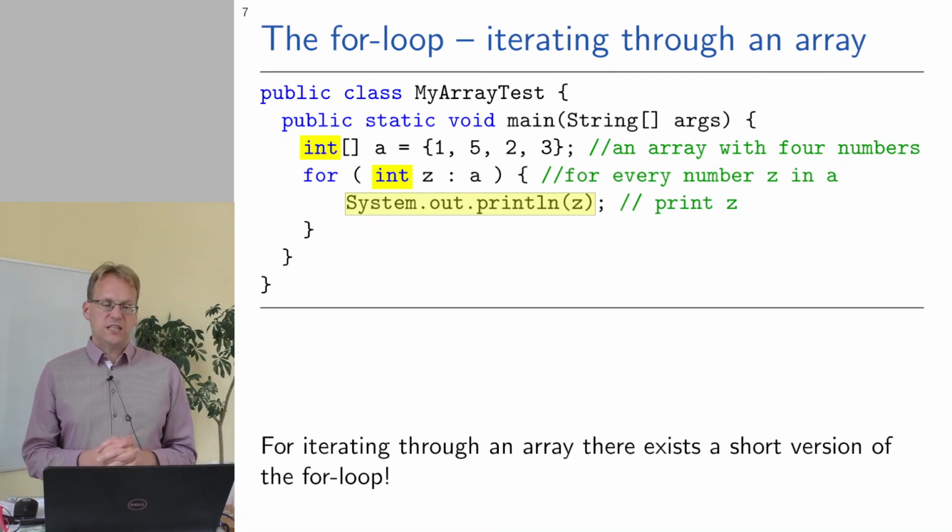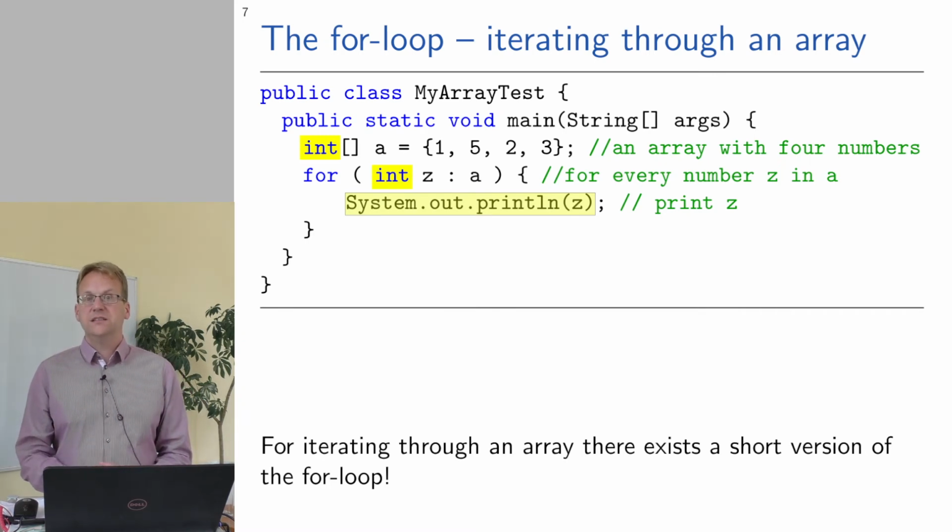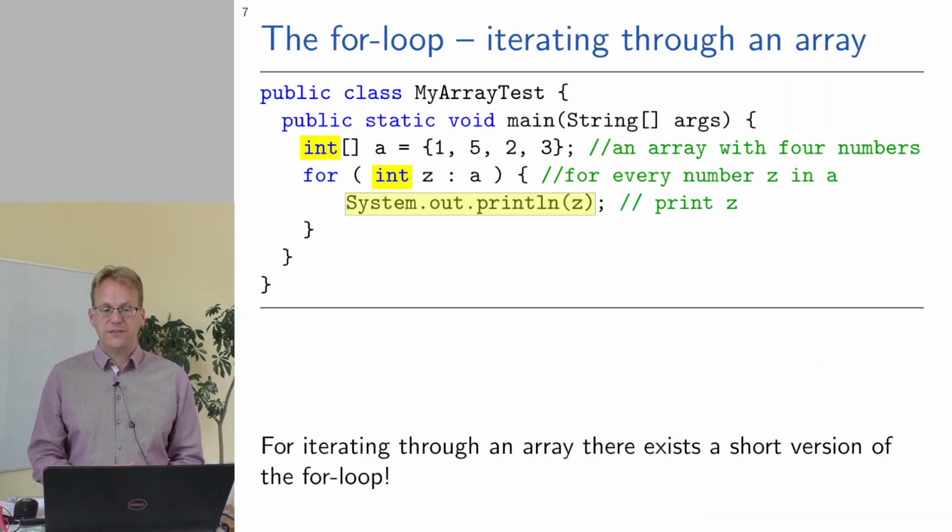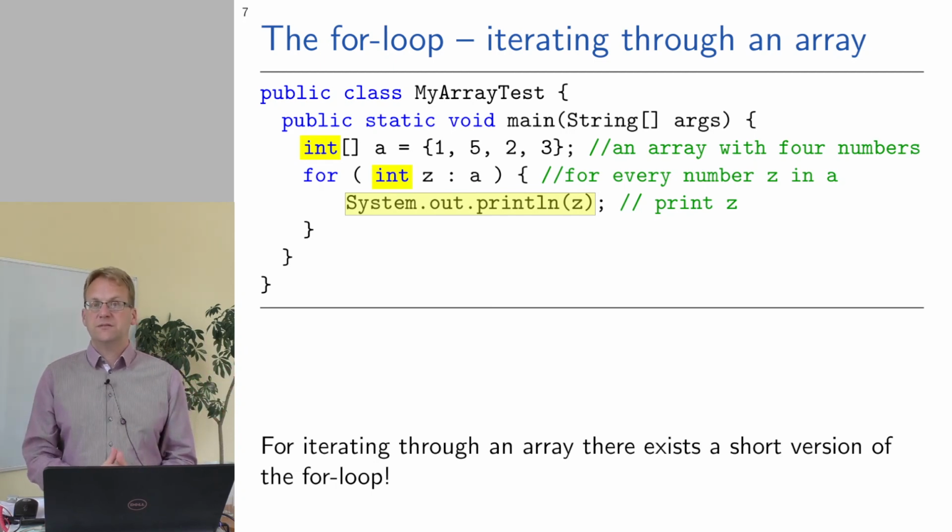The same form is actually used to iterate over the elements of some other container objects, which you do not know yet, which are, however, quite important also for advanced programming, like list objects, for example. Lists are data structures also allowing you to keep an arbitrary number of values, and with the same form, this for each loop, you can iterate over all the elements within a list.